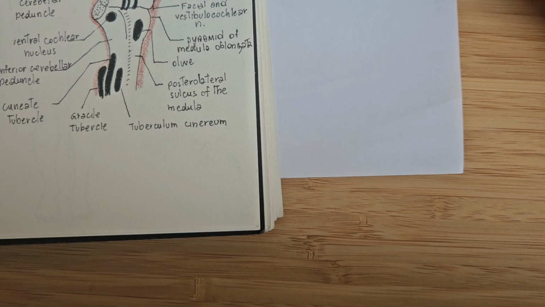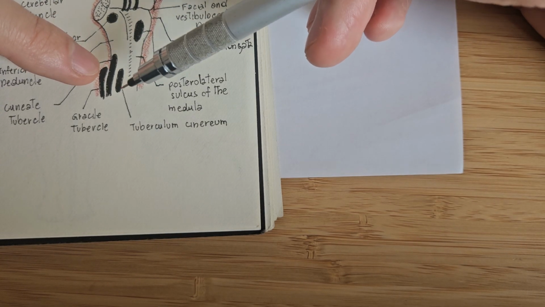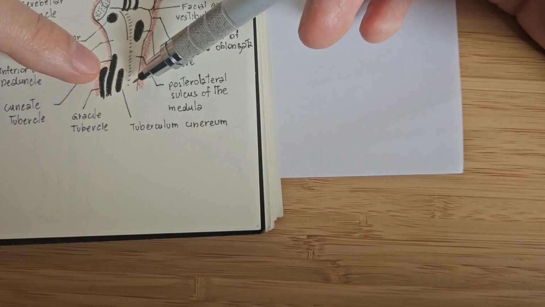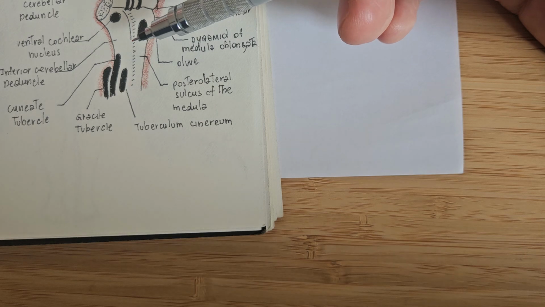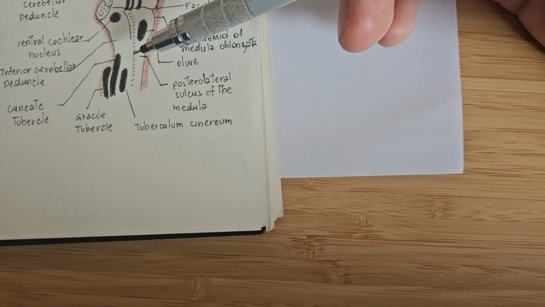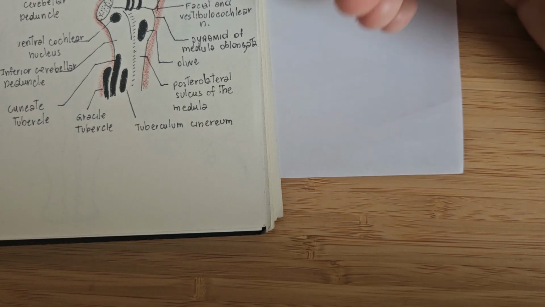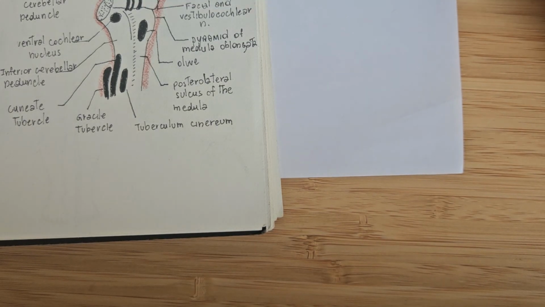Okay, and let's say for some reason this area is affected, it will involve the areas of visual reflexes and eye movements. Also, damage can result in impaired visual tracking and vertical gaze palsy.